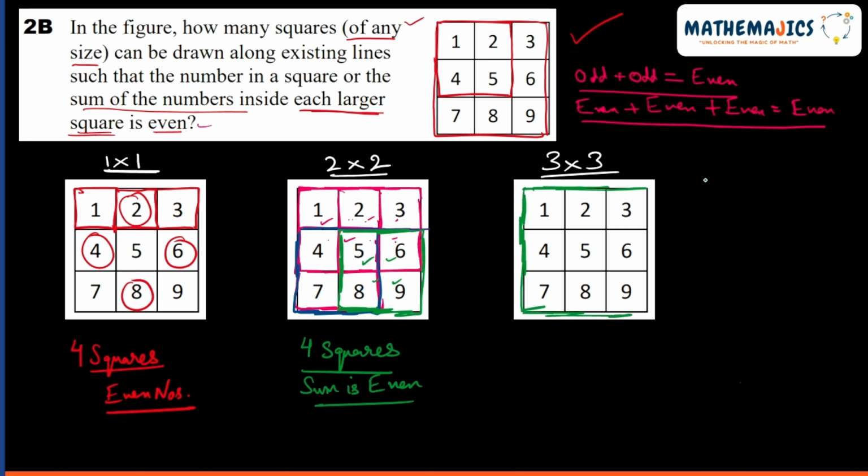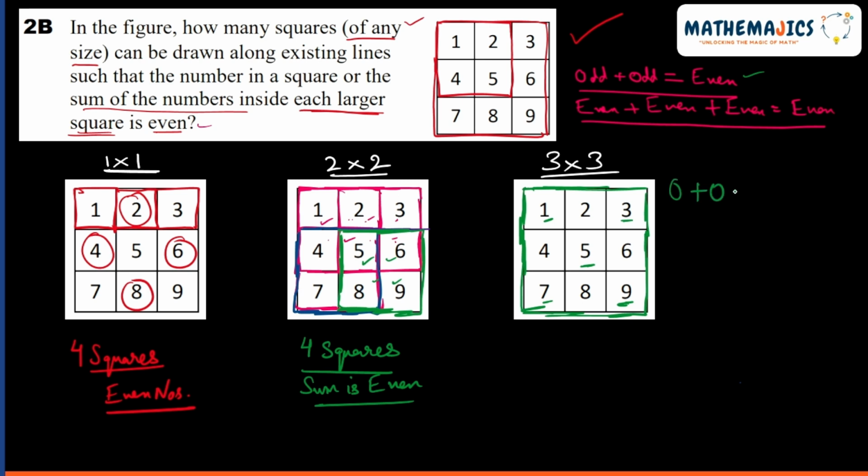So in this, let's see whether the sum is odd or even. How many odd numbers are there? Let's see: 1, 2, 3, 4, and 5. Now, two odd numbers add up to even, but we have 5.